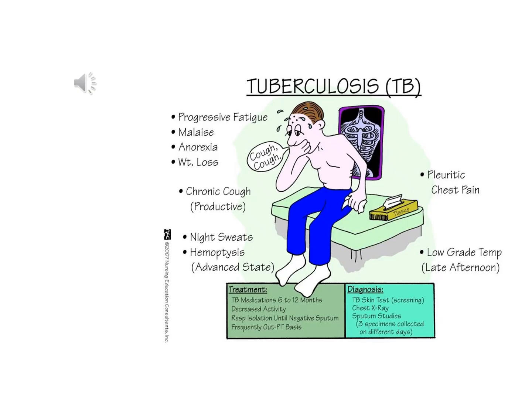They need to be in a special isolation called negative pressure isolation or airborne precautions. This is where the air is taken from the room and put directly outdoors so that the tiny particles of bacteria cannot be spread from person to person.